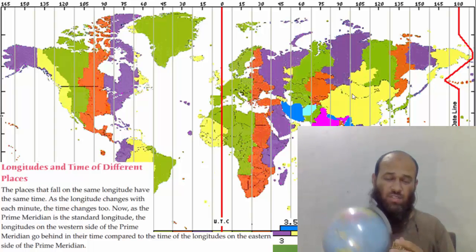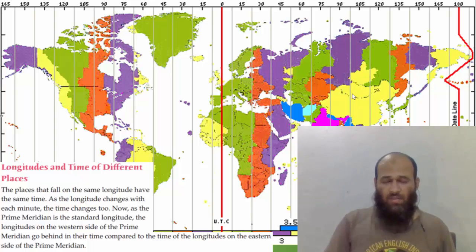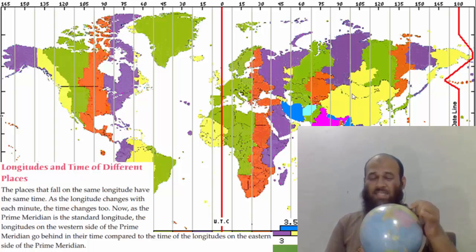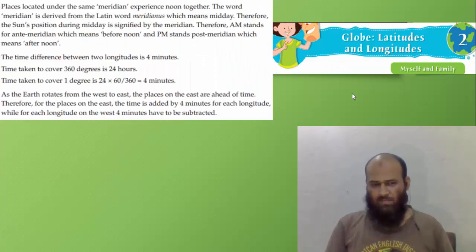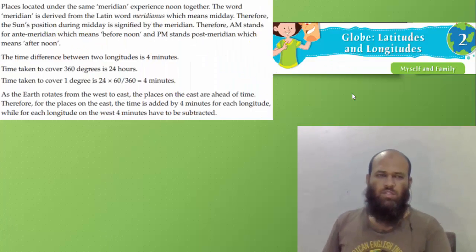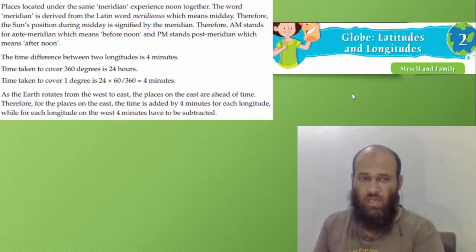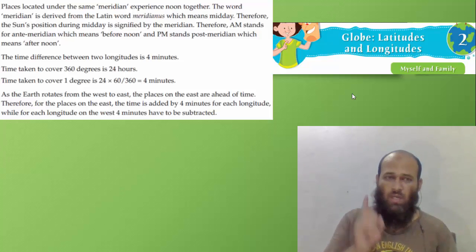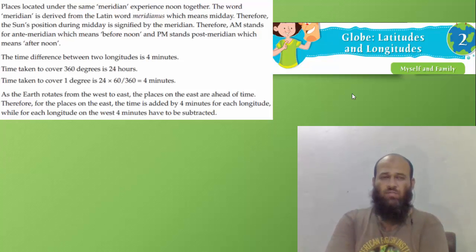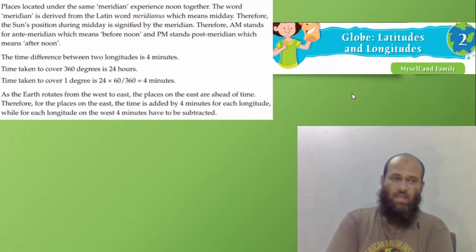And the earth also rotates on its axis like this. So it takes 24 hours. Thus, time taken to cover 1 degree is 24 into 60 divided by 360, that is 4 minutes.